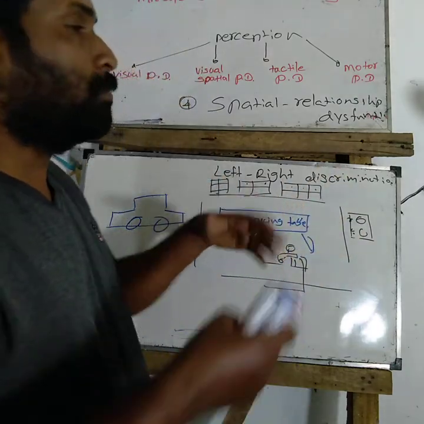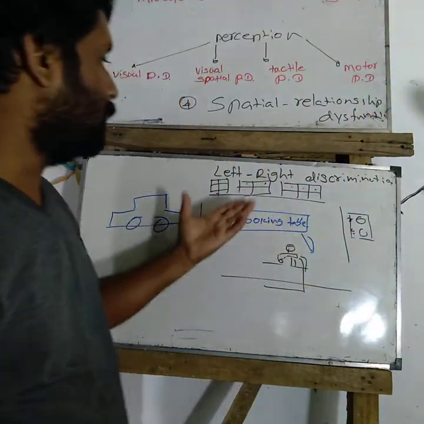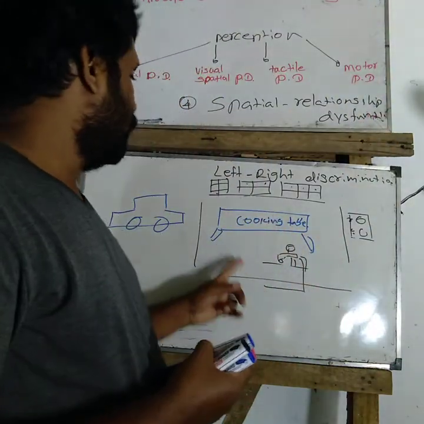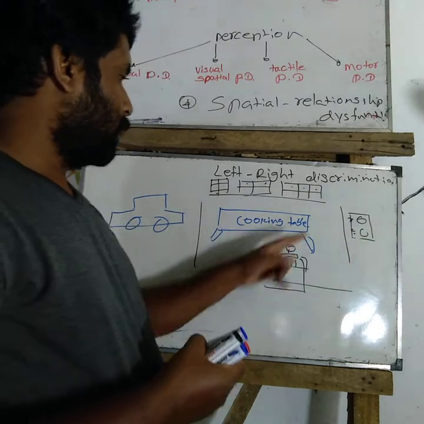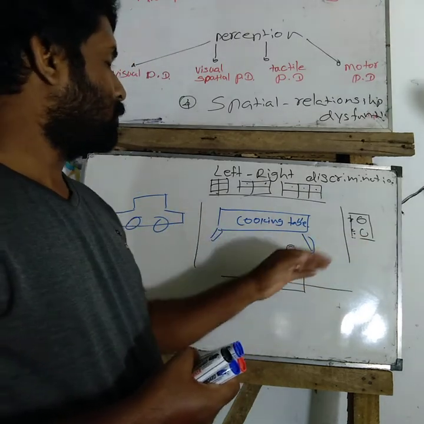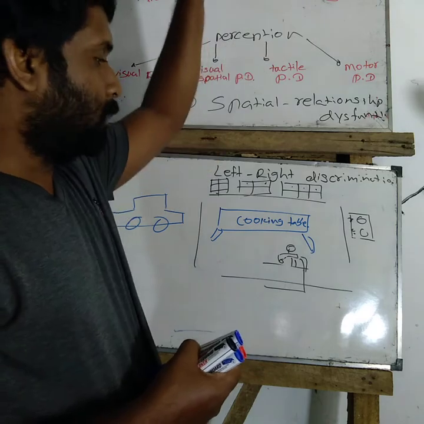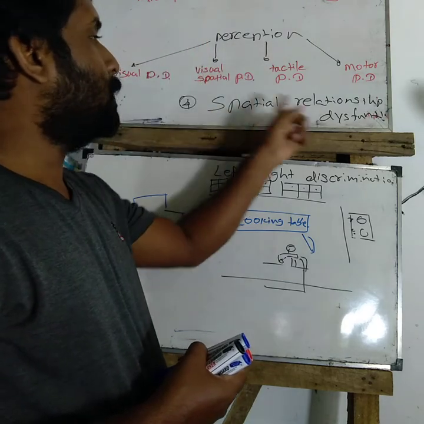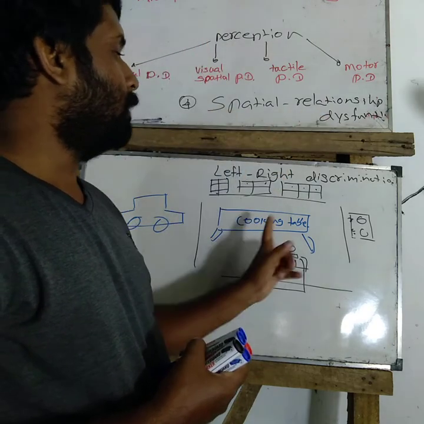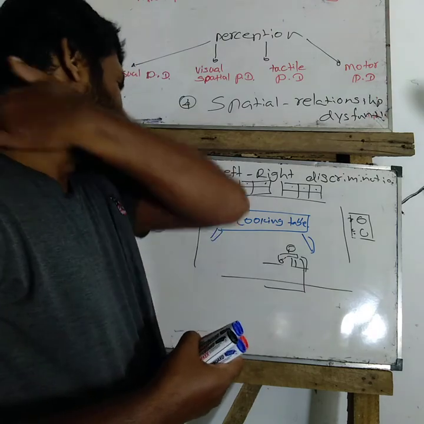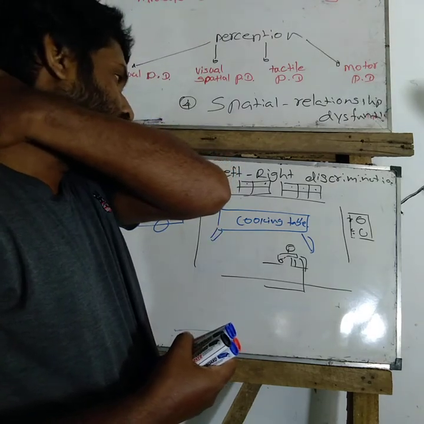Everywhere we can see the cooking activity, the front side, left side, back side, up side, down side, when the patient has a spatial relationship problem. We can assess this patient.